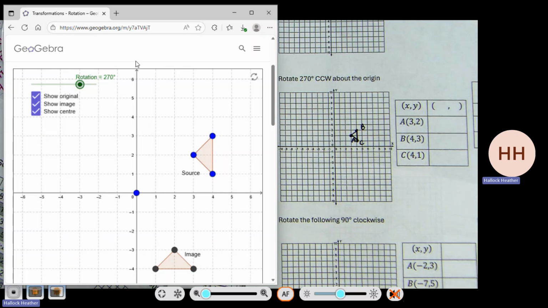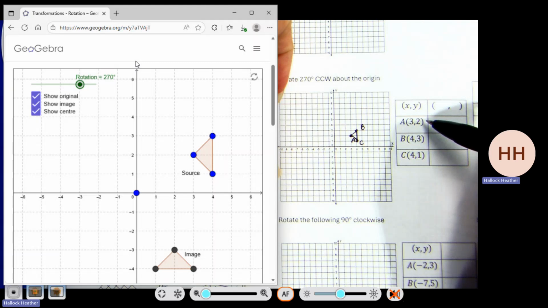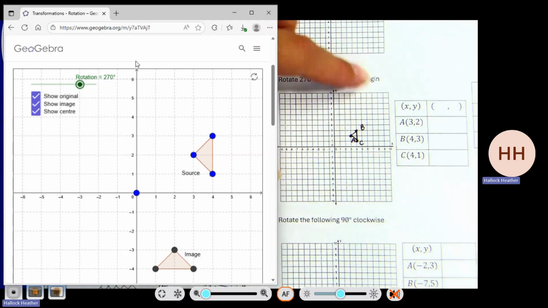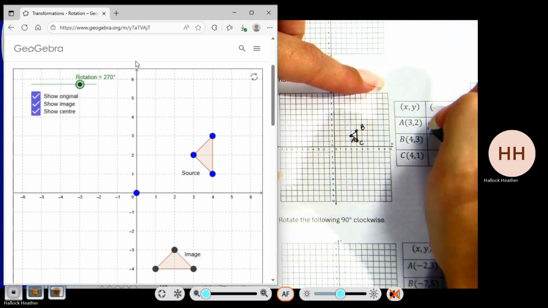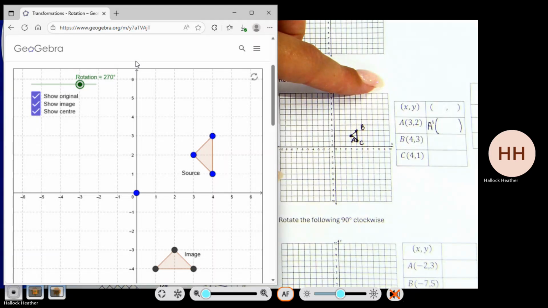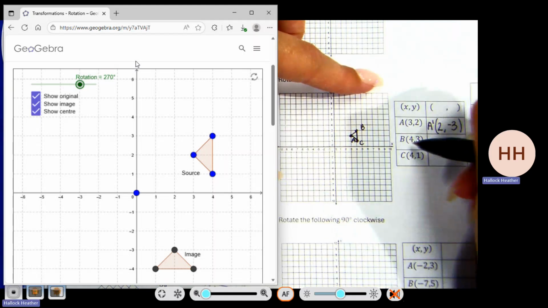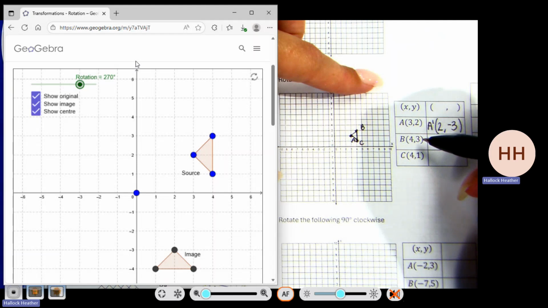So take a second. We've got to match up our letters. So A was 3, 2. Where is A prime now? 2, -3. B was 4, 3.